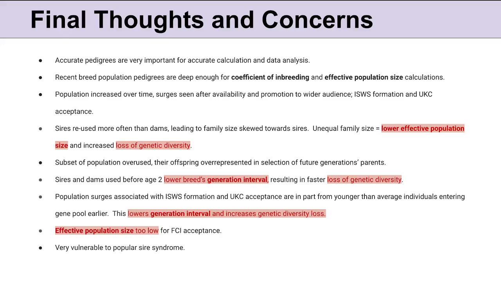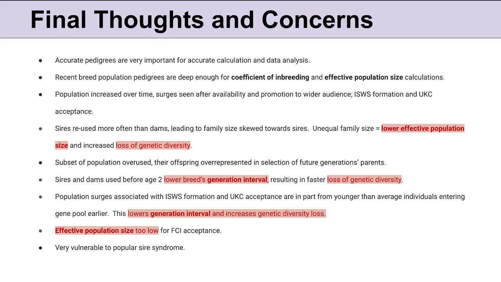We also saw that sires are reused more often than dams, leading to family size skewed towards sires, and an unequal family size equals a lower effective population size and increased loss of genetic diversity. There's also a subset of the population that's overused both in sires and dams, and their offspring is overrepresented in the selection of future generations' parents.